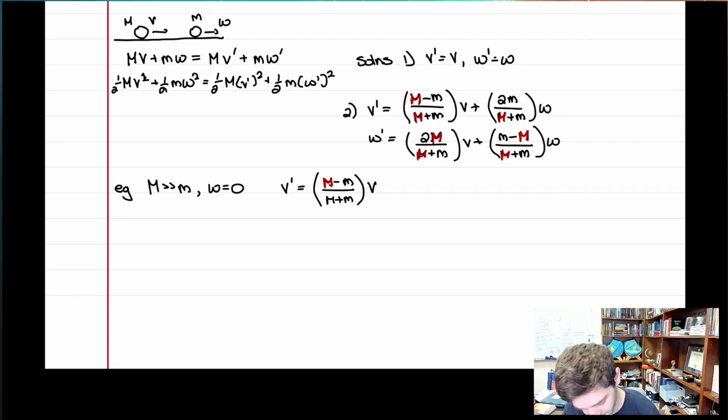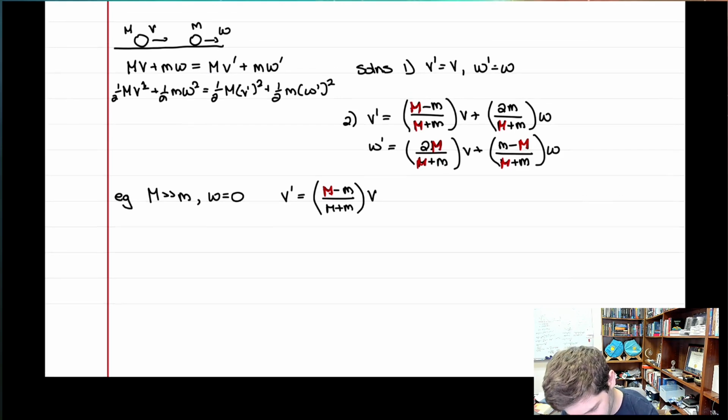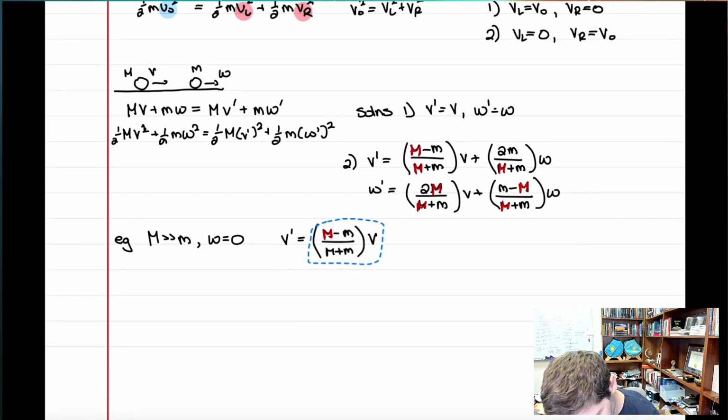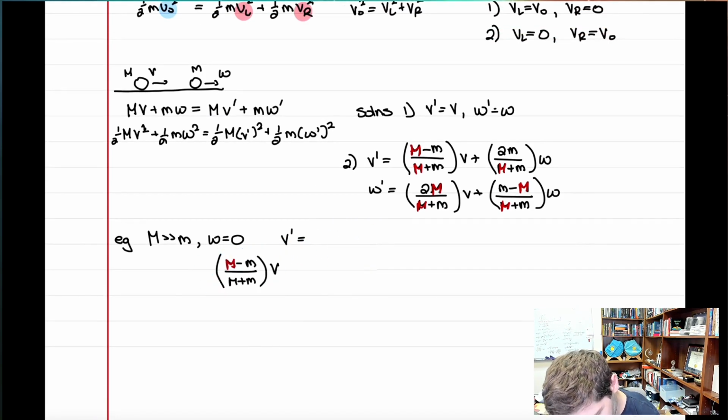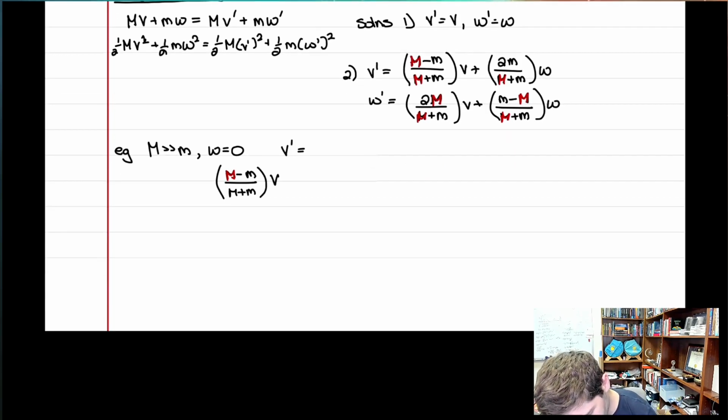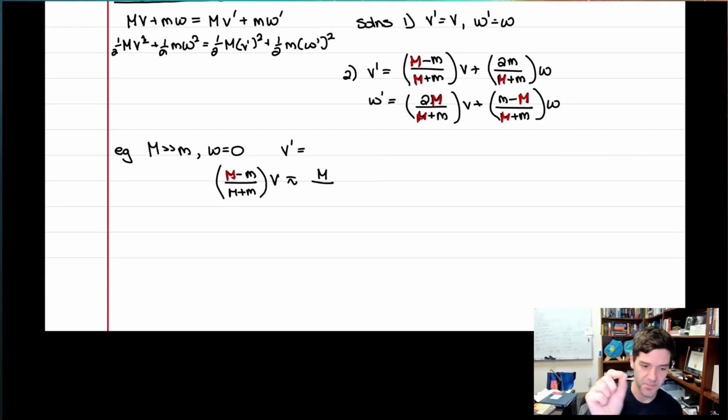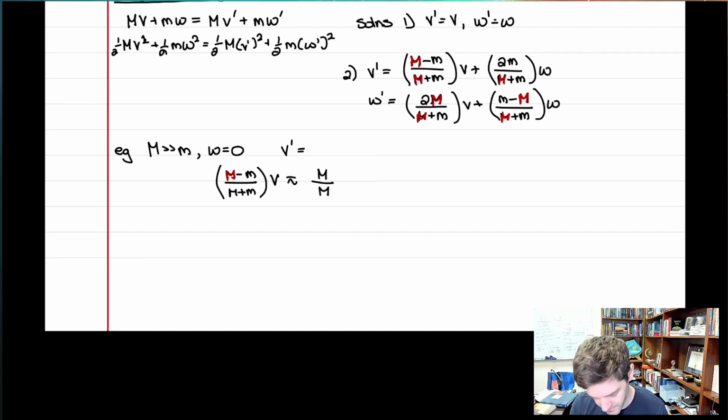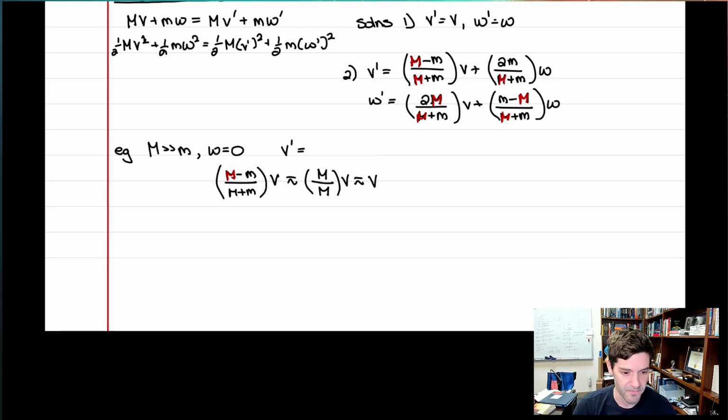So the numerator just becomes big M. The denominator also, you have $1 million plus a penny, you still have $1 million. So both approximately become big M times V, or this entire thing just becomes V.